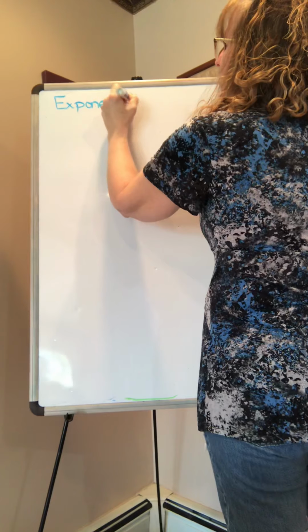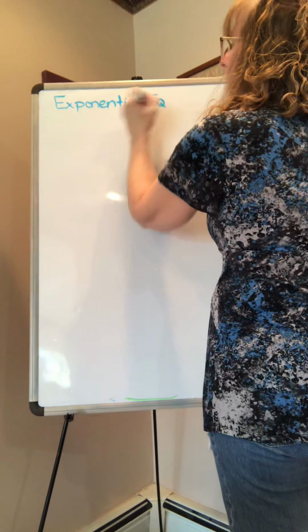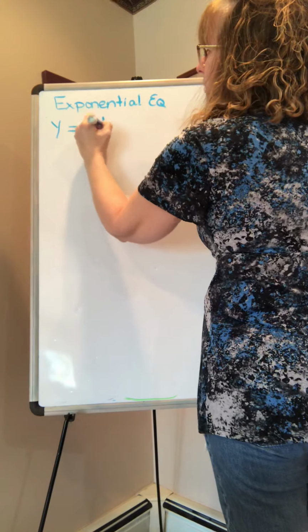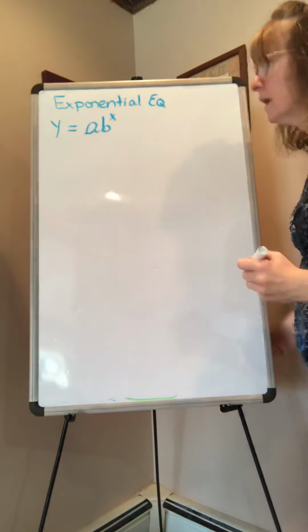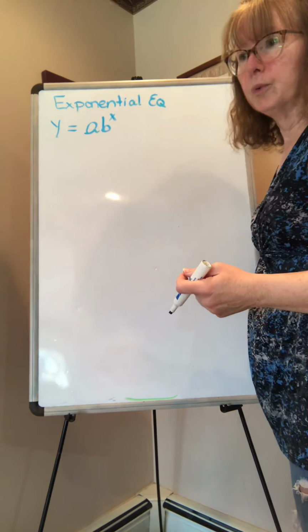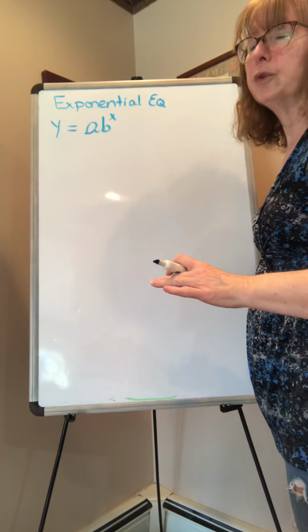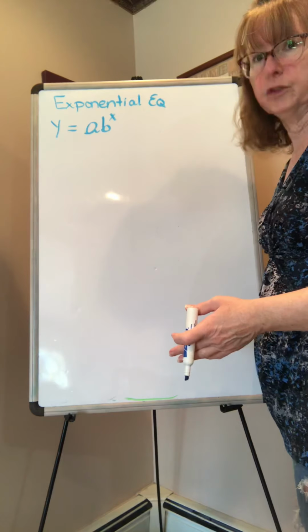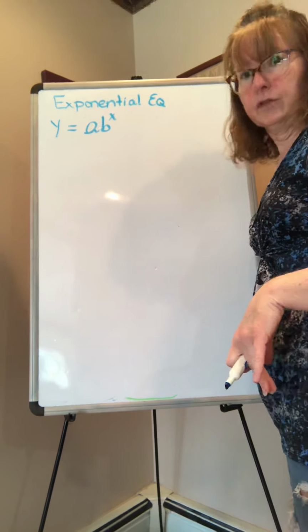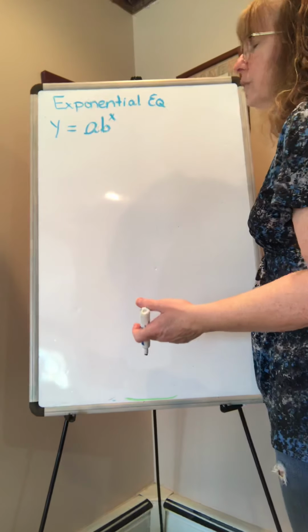So exponential equations, the most basic, y is equal to a b to the x. Now, this is one that your calculator will use when, in a few weeks, we do regression equations where we input data and the calculator gives us the equation. You've used this with graphing.